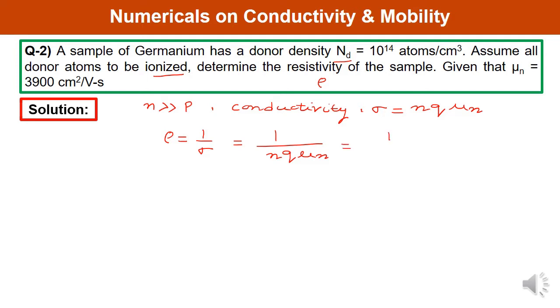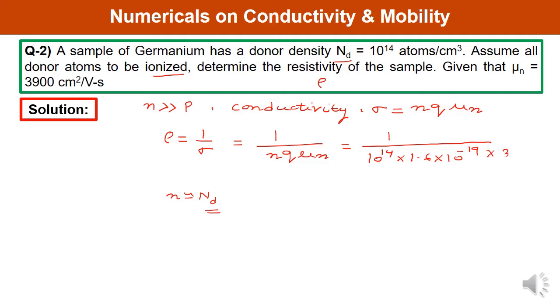Substitute all these values. Here donor density is being given, which is 10 raised to the power 14. So N will be the donor density, 10 raised to the power 14. Q is 1.6 into 10 raised to the power minus 19.